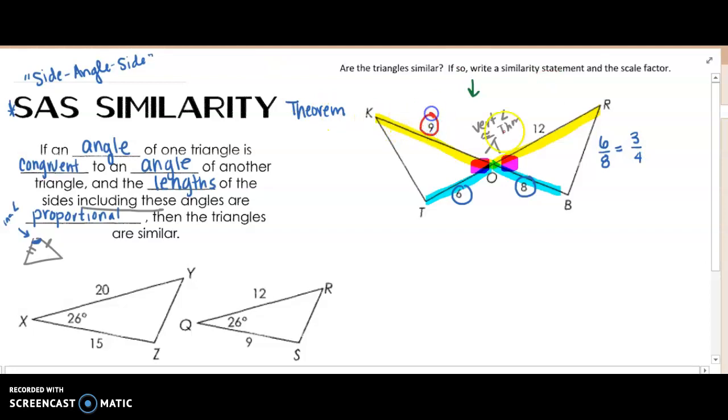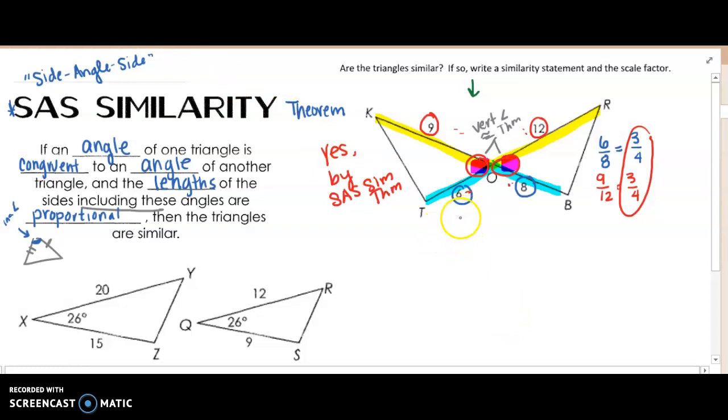Then I have 9/12, and if I simplify that, that is 3/4. So these are the same. These two sides are proportional to these two sides, and the included angle is the same, and therefore I can say yes, these triangles are similar by the side-angle-side similarity theorem.